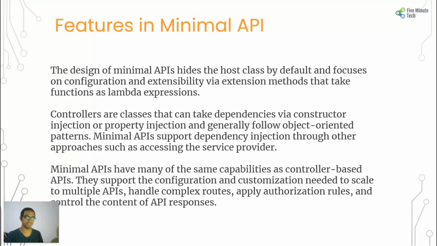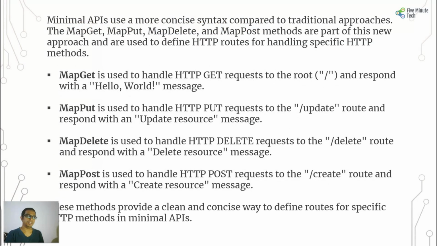They support configuration customization needed to scale to multiple APIs, handle complex routes, apply authorization rules, and control the content of API responses. So all the minimal APIs use a more concise syntax compared to the traditional approach, traditional being your MVC. The MapGet, MapPut, MapDelete, MapPost methods are part of this new approach and are used to define HTTP routes for handling specific HTTP verbs or methods.